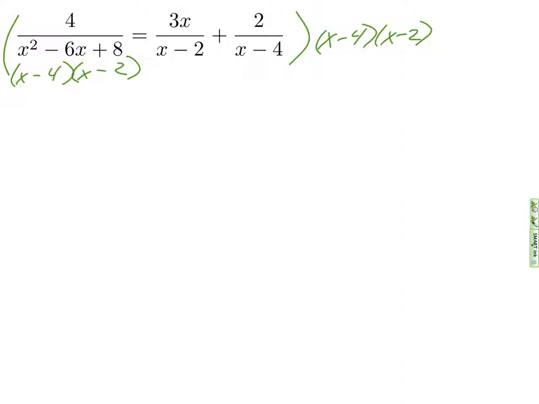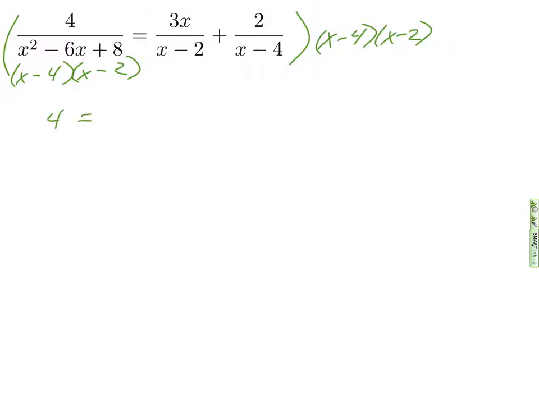Okay, and how can I tell whether or not that is the correct denominator? They're binomials, so I know I needed the binomials, but how do I tell that's correct? And I don't need anything else. Right, I need to make sure my denominators will cancel out. So if I take that times the first one, both of them cancel and I just get 4.